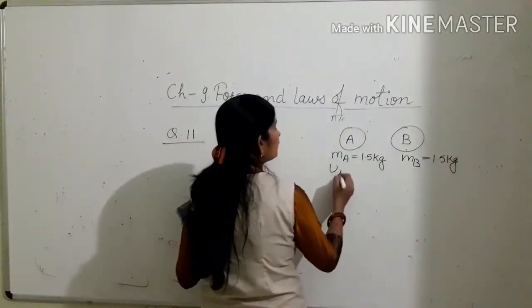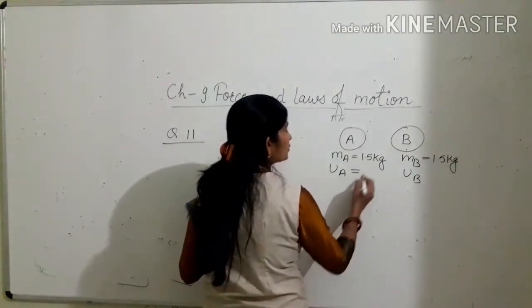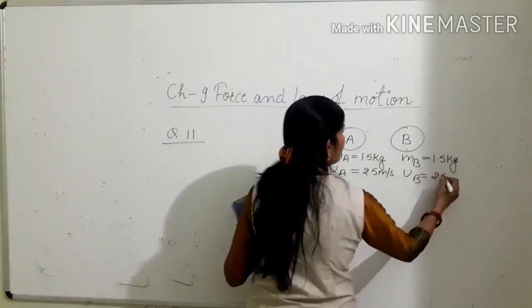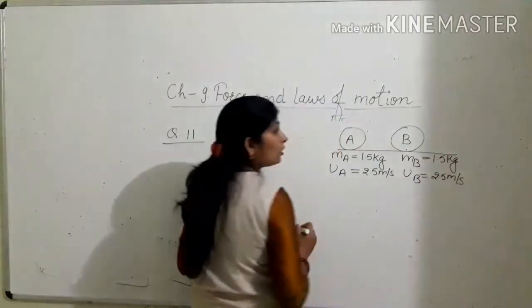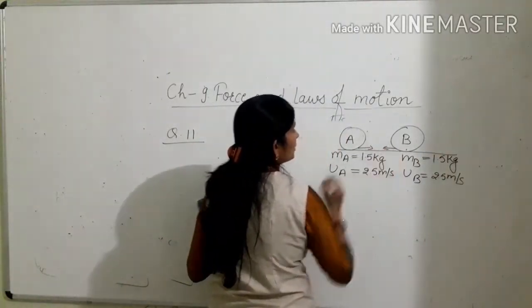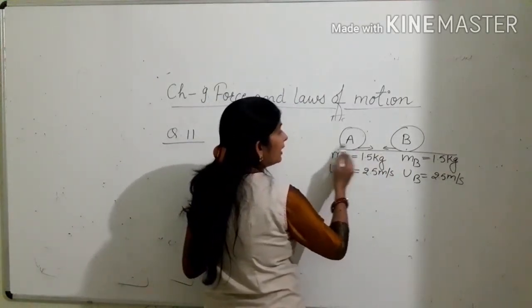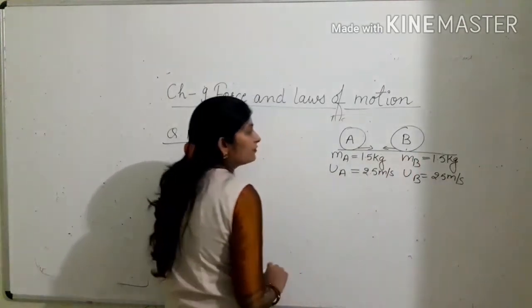Both are moving with same initial velocity UA and UB, which is 2.5 meter per second on a straight path, but in opposite direction. Means if A moves from left to right, then B moves from right to left.